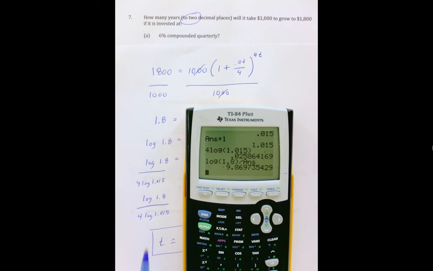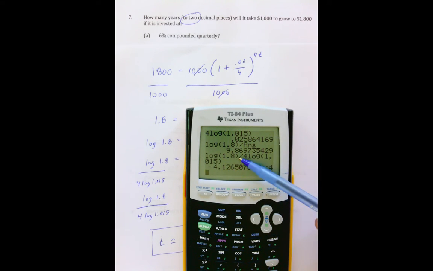Now let me show you why I did some things I did. I've taught mathematics long enough to know that this is a little tricky in putting this in the calculator if we do it in one operation. And let me show you what a lot of students will do. They'll do that divided by 4 log 1.015. And guess what will happen? They get the wrong answer. The reason they get the wrong answer is order of operations.